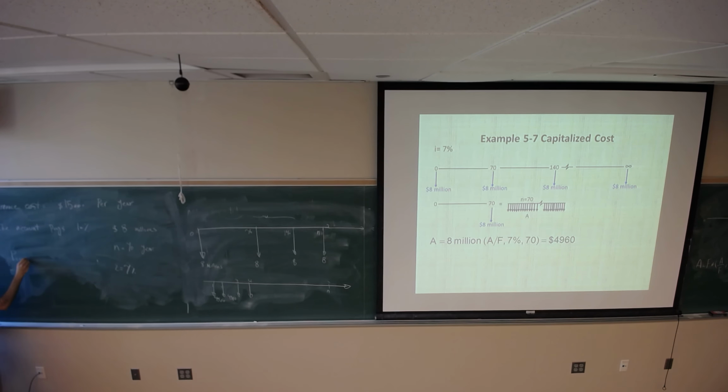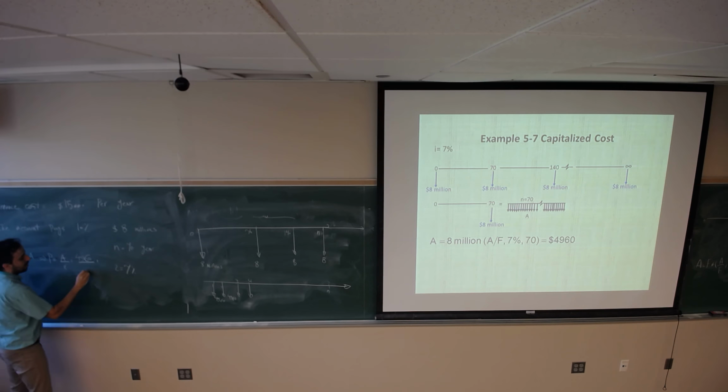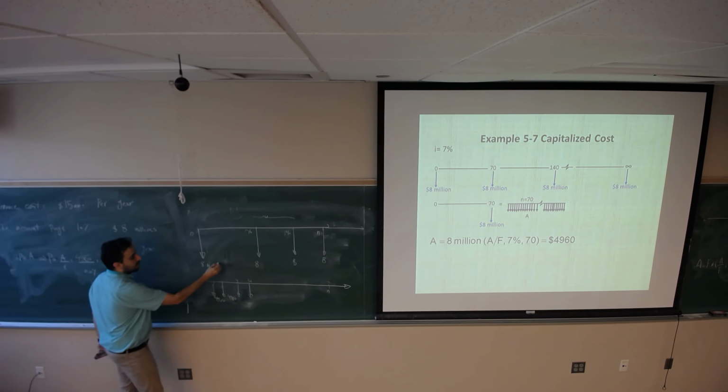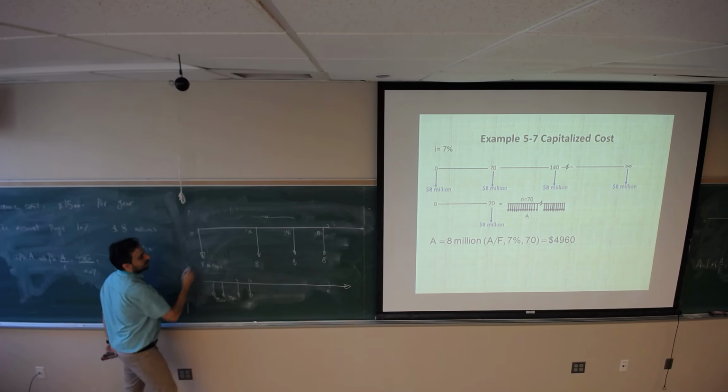IP would be A, then P would be A divided by I. A is 4960 divided by I, which is 7%. I didn't count this $8 million.